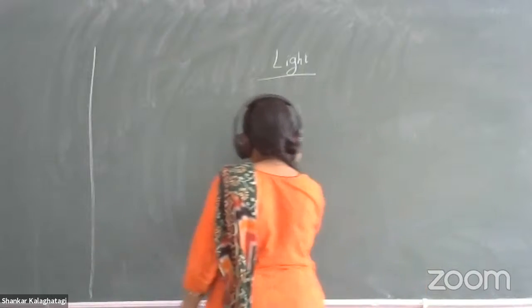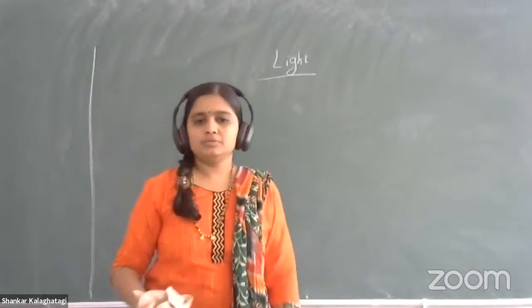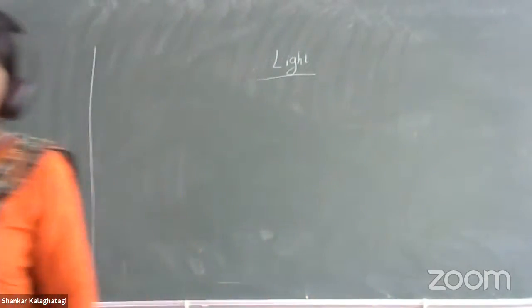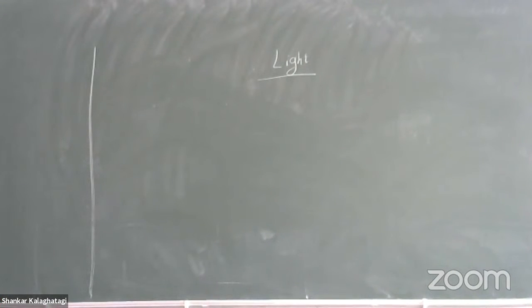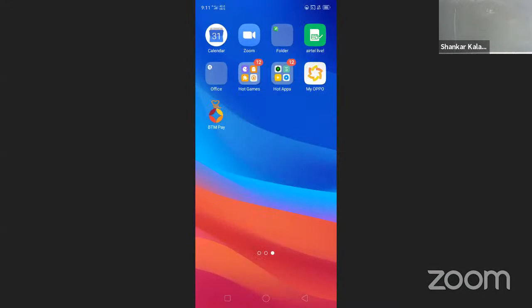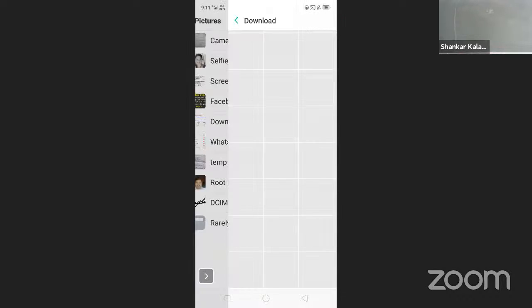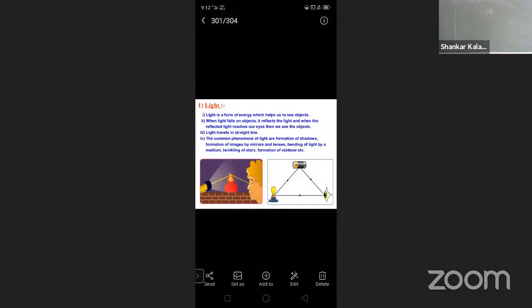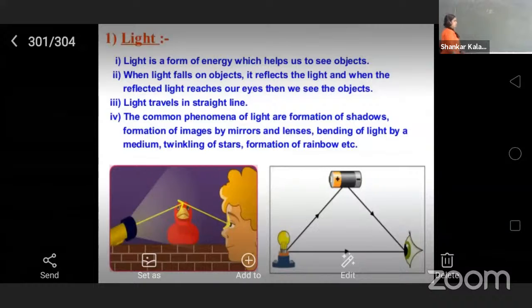You know that sometimes the sun rays fall from the window into the room. Yes, students? Have you seen? Whenever the sun rays fall from the window, have you observed that?